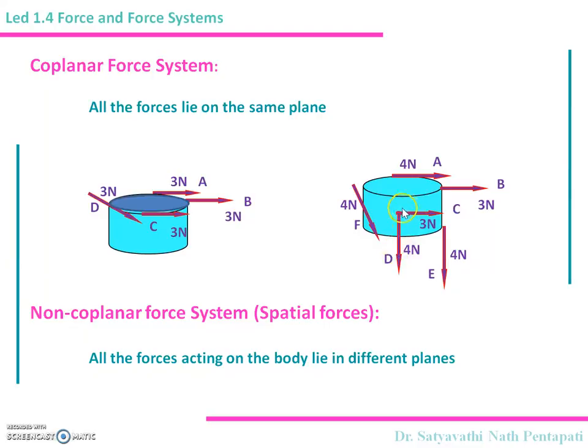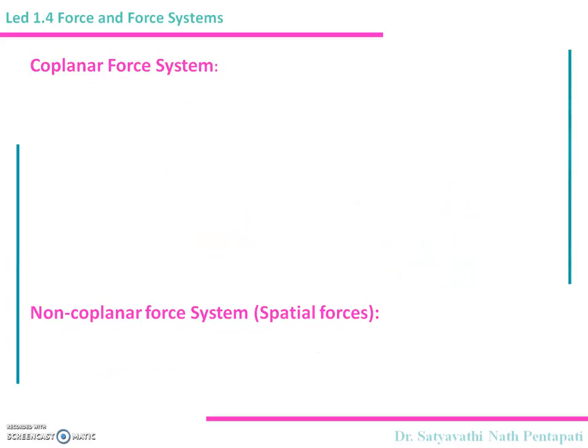C and D are acting in a plane tangential to this object at the side. But this 4 Newton force is also acting in a plane tangential to the object, which is parallel to this plane. And the force F is completely in another vertical plane. So this force system is called a non-coplanar force system.